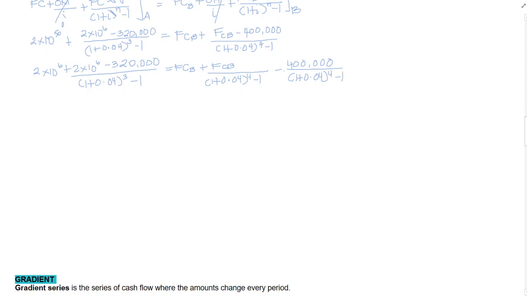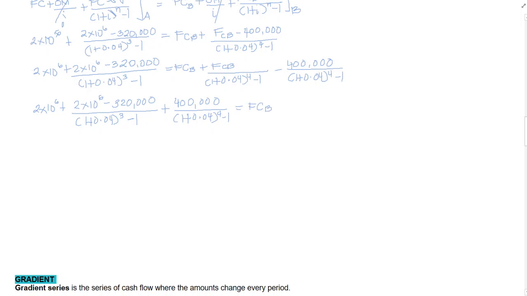Okay, so to be able to get the value of your FCB there, let us transpose this one to the left side of the equation. So rewriting that one, that is 2 times 10 raised to 6 plus 2 million minus 320,000 divided by 1 plus 0.04 raised to 3 minus 1. Transposing this one, that will become plus 400,000 divided by 1 plus 0.04 raised to 4 minus 1 is equal to FCB.